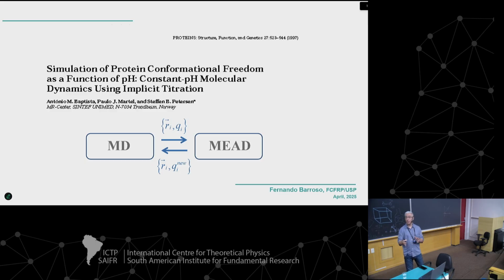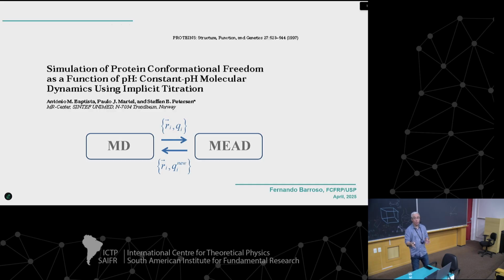This is something that we assume is true, but it has not been proven to be true. And honestly, we all know that if you change the conditions too much, you expect to change your parameterization. But you keep the same force field parameters as if the simulation were running at pH 7. So this is something to remember.